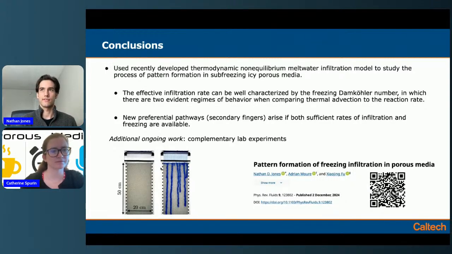With existing large scale hydrological models, a lot of them don't consider this process or have only an average effect of what the preferential flow might look like. So one of the goals of this project is to get better estimations of that for upscaling. I'm probably not a great person to ask how you do that. I know there are many upscaling methods out there, but we are actively thinking about that.